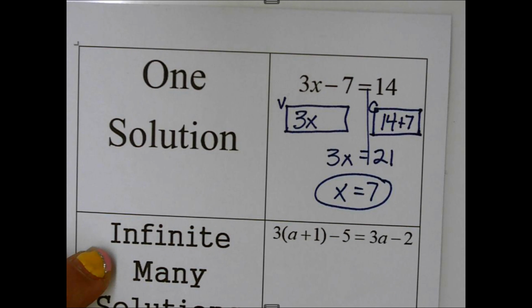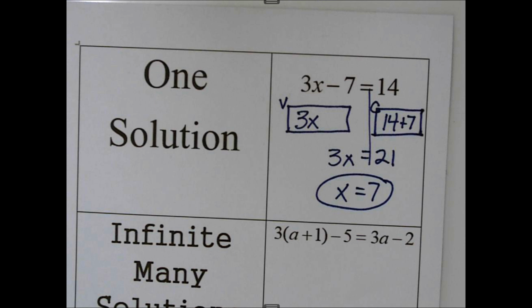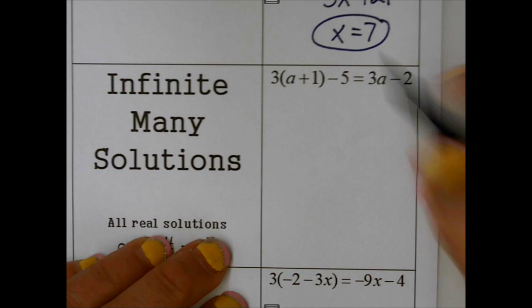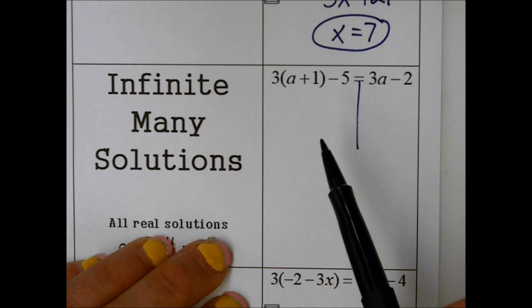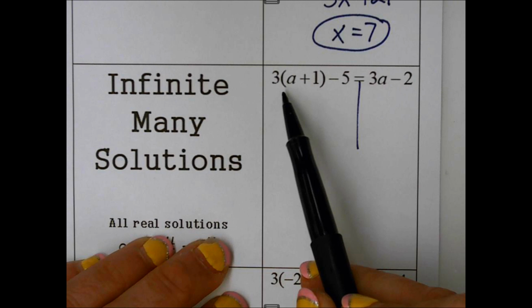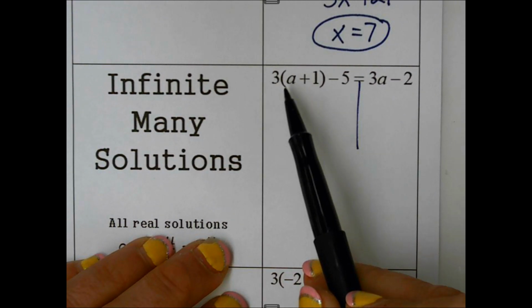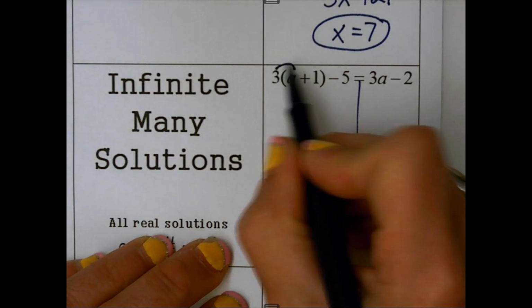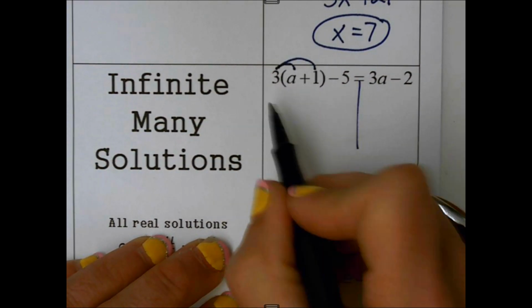But let's look at when we get infinite many solutions. Think about your flip book. If it says that you have grouping symbols, we need to use the distributive property. So we're going to do that. Now I'm going to draw both arcs because I know you'll get that 3a, but we have to remember to take 3 times 1.